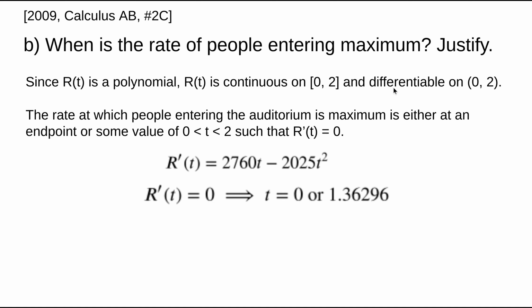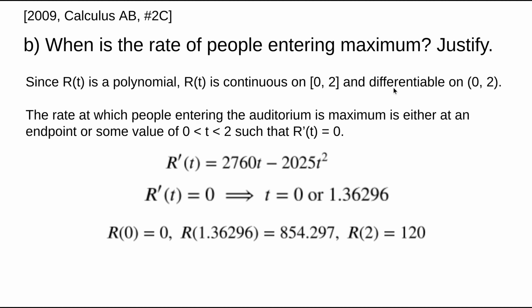We do still have to check the endpoints, though. So plugging in 0 into our rate function, we get 0. Plugging 1.36296 into our rate function, we get 854.297. One thing to understand here is that is in people per hour, not people per minute. 854 plus people per minute would be ridiculous.